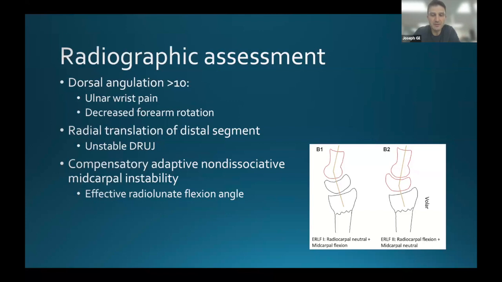If it's less than 10 degrees of dorsal tilt, you have the type 1, where you have radiocarpal neutral alignment and the flexion occurs through the midcarpal joint. And when that exceeds 25 degrees, and these tend to be the more symptomatic ones, the radiocarpal joint has the flexion deformity and the midcarpal joint is neutral.